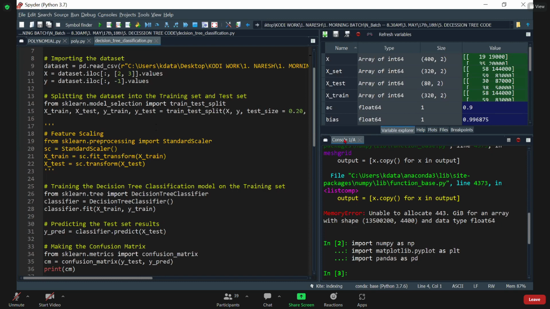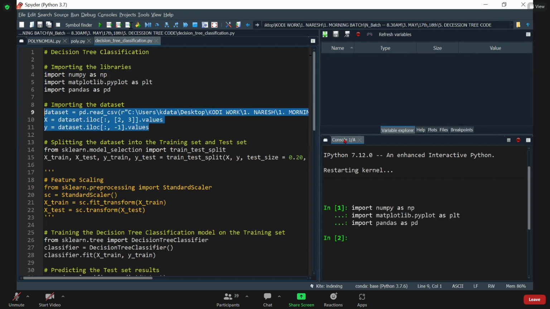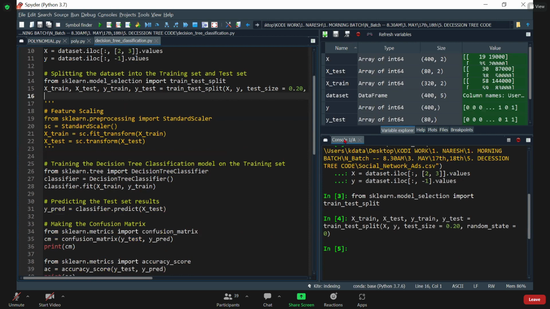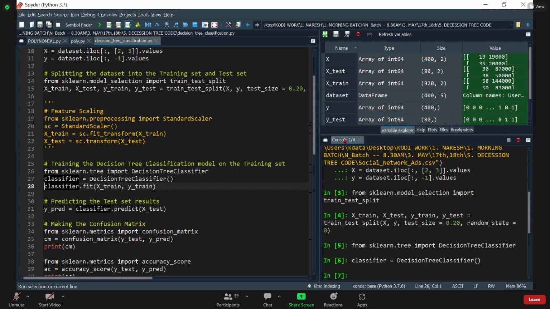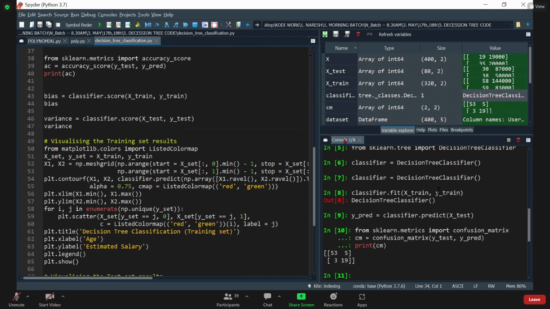Let's import, let's do this, and we split the data. We split the data and we call the decision tree classifier. Then we predict the test set. Let's get the accuracy.